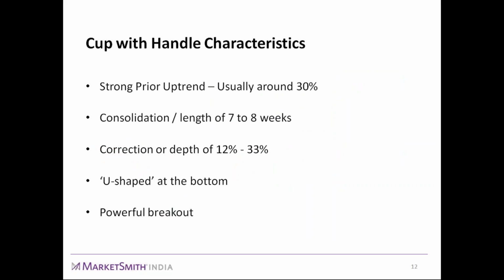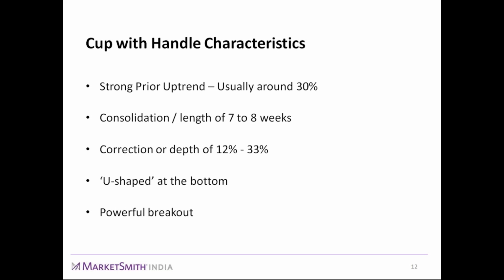The reason why we are saying 7 to 8 weeks is that as the time period increases, people who do not have high conviction in the stock will start feeling quite wary and think maybe we can book out at this juncture.